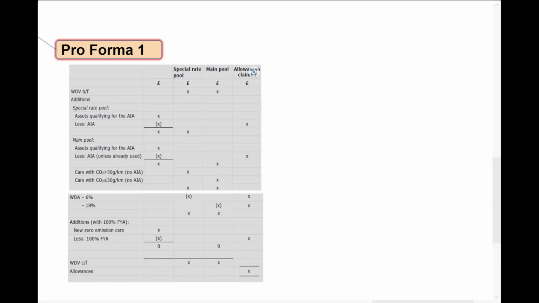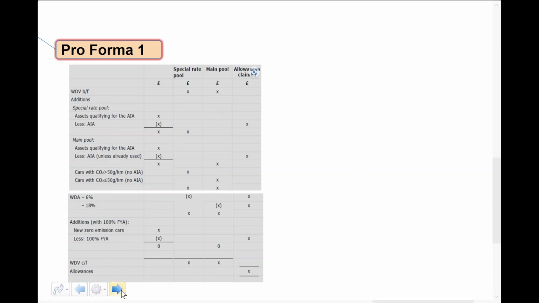The more complex area for me certainly is the link between the special rate pool and the AIA. So watch for that in the questions. Remember, at the end of the day, if it's long form, and it could be this time round because of the changes made, we're going to get marks for getting the right number in the right place. We don't need to get the full computation perfect, so don't try to.